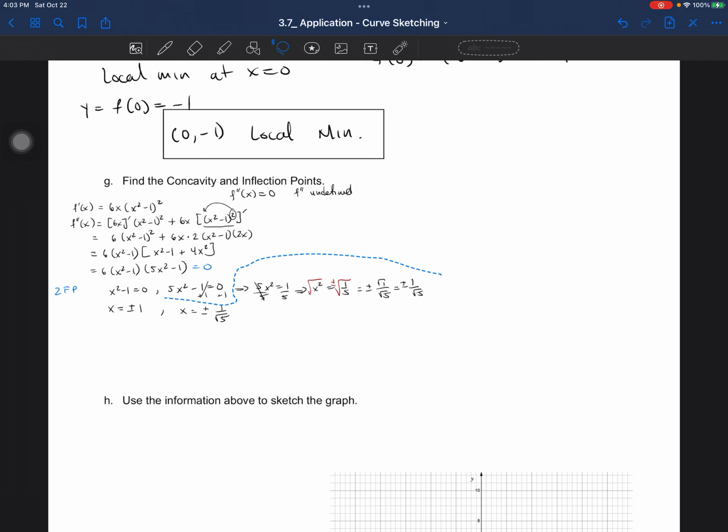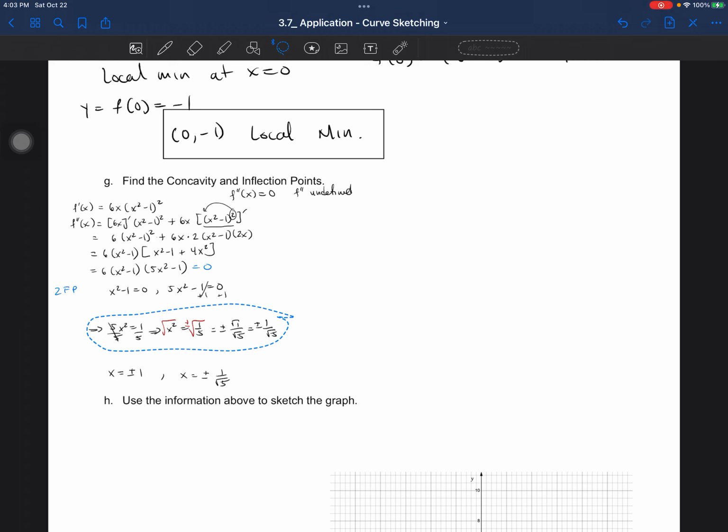All right. So from here, we're going to maybe move this as well, because we need a lot of space here.